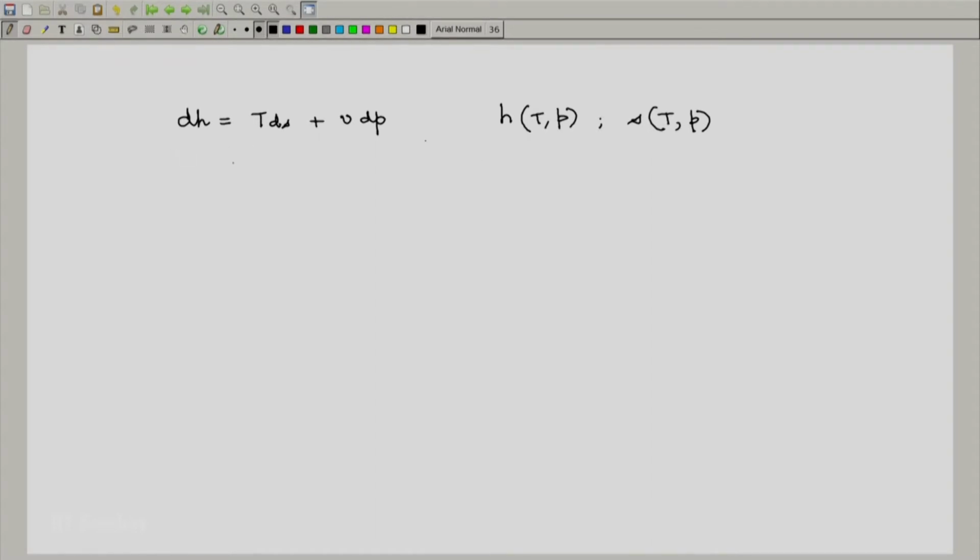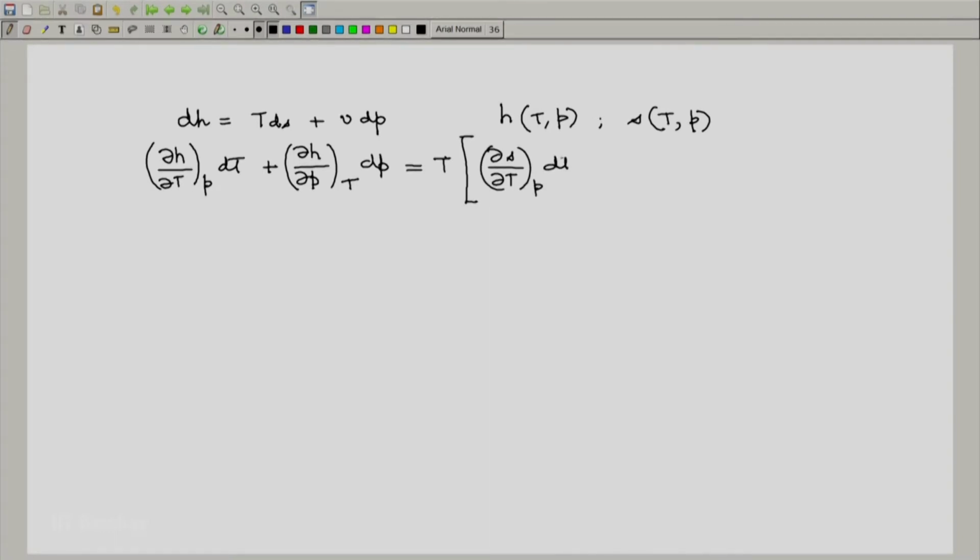Now expanding this, the expansion of dH on the left hand side is partial of H with respect to T at constant P dT plus partial of H with respect to P at constant T dP, and on the right hand side we will get T into dS, which is partial of S with respect to T at constant P dT plus partial of S with respect to P at constant T dP.